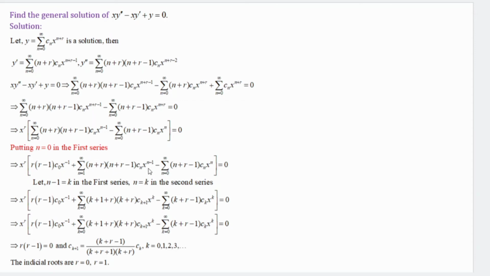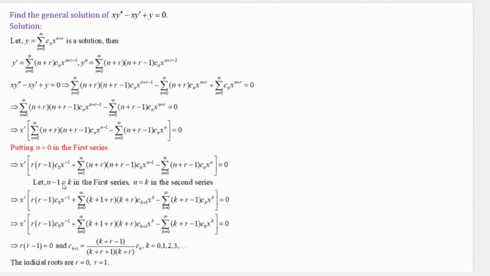Now we see here in the first series the power of x is n minus 1, in the second series the power of x is n. So we consider n minus 1 equal to k for the first series and n equal to k for the second series to make it the same power.